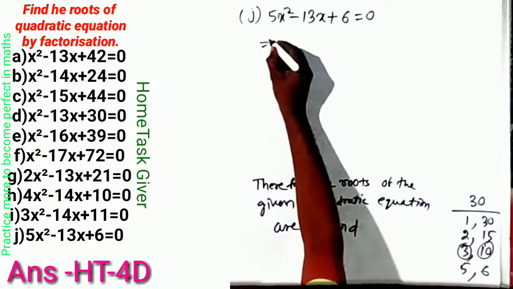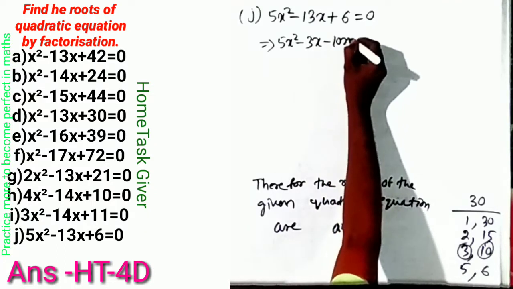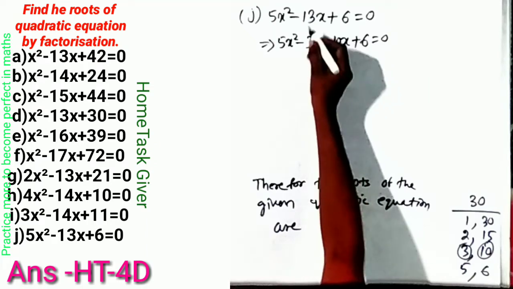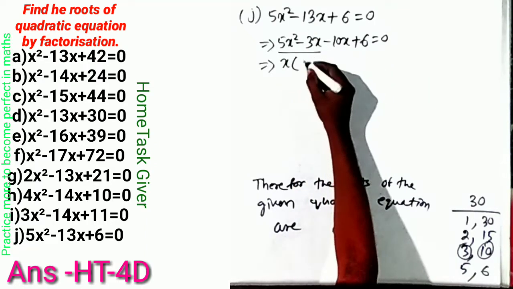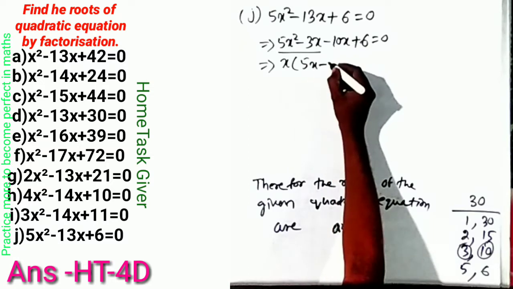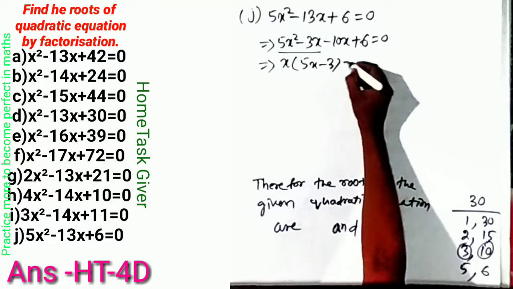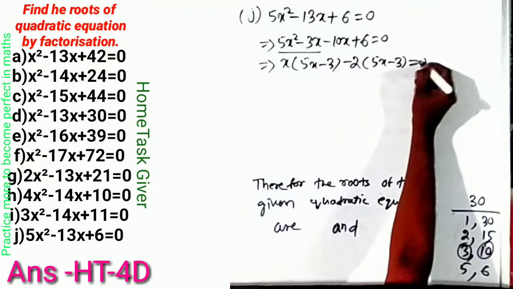So 5x square minus 3x minus 10x plus 6 equal to 0. Here minus 3x minus 10x is minus 13x. So here x is common in these two terms, ले लिया तो आएगा 5x minus 3. Take minus 2 common, minus 2 common लिया आएगा ये 5x minus 3 equal to 0.